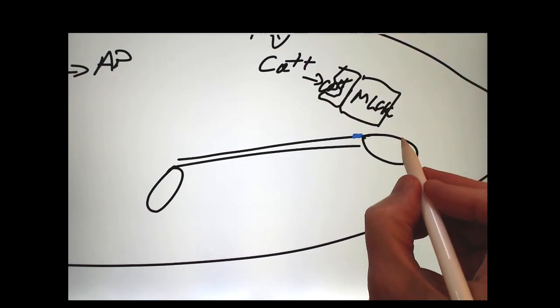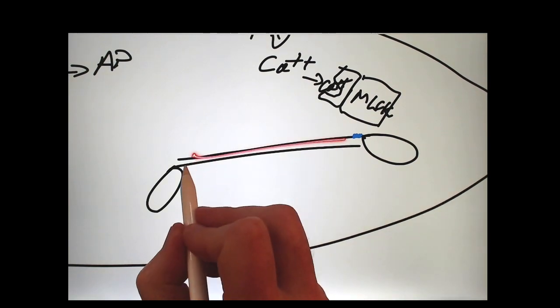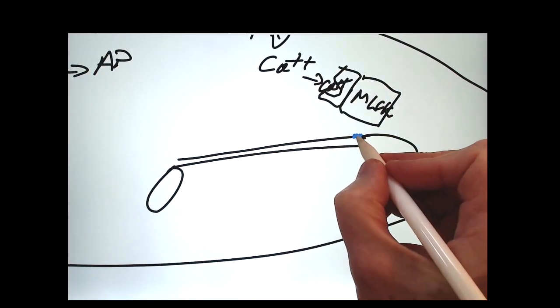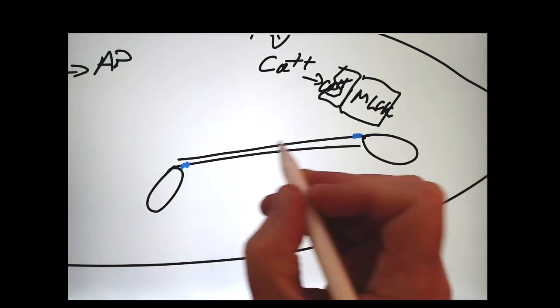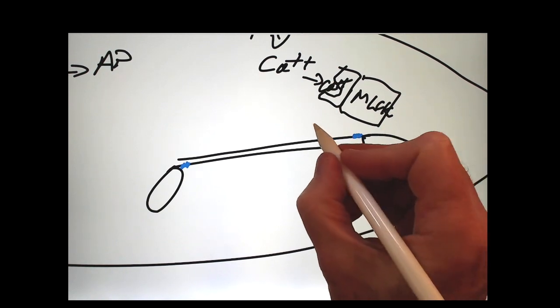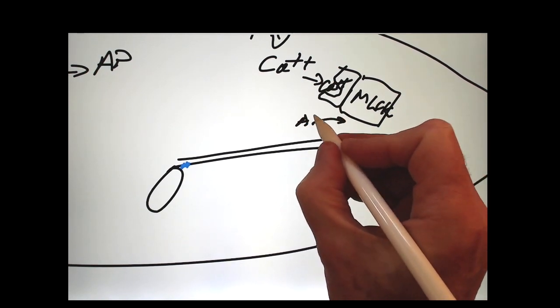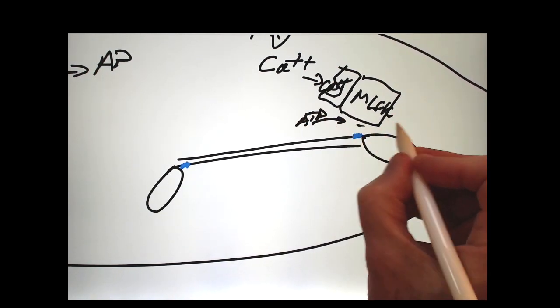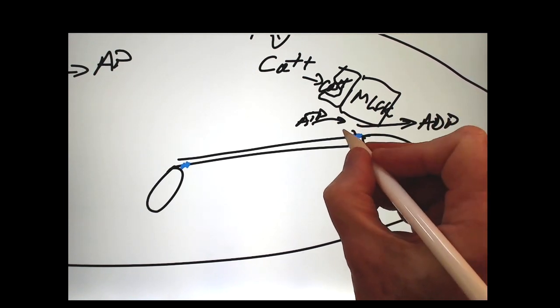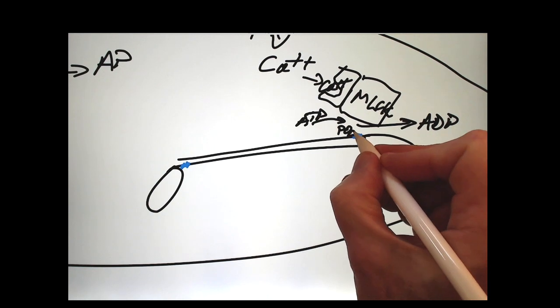So the myosin heavy chain is this long stem on the myosin, and the myosin light chain is just this little piece on the neck here. So myosin light chain kinase then takes an ATP. You end up with an ADP and a covalently bound phosphate.